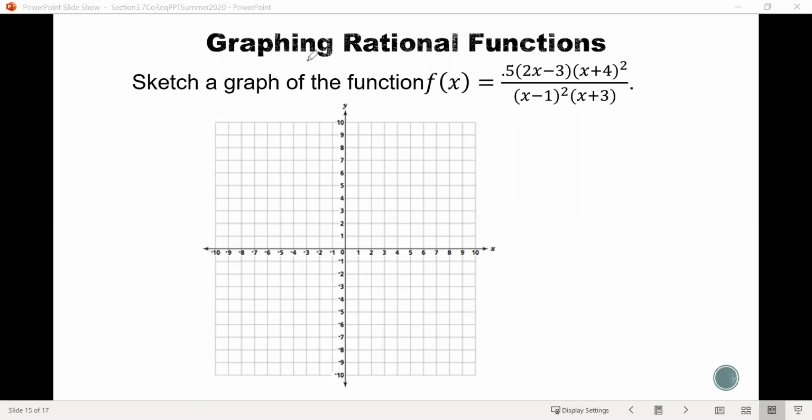From what we had in the denominator, there's going to be a vertical asymptote at x equals -3, and also one at 1. We saw that our horizontal asymptote was g of x equals 0.5. That one's going to be harder for me to draw, but I'll do my best here. Let's see if this will do it.